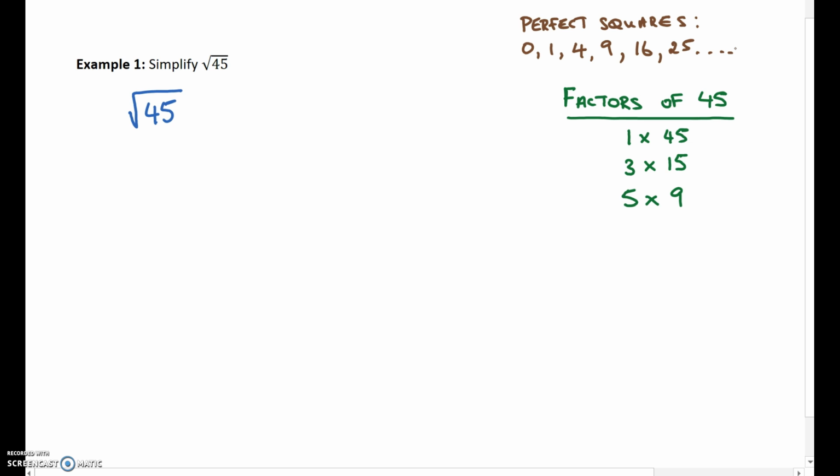We've talked about this before. So the only perfect square here is 9. Okay, 9 is a perfect square.